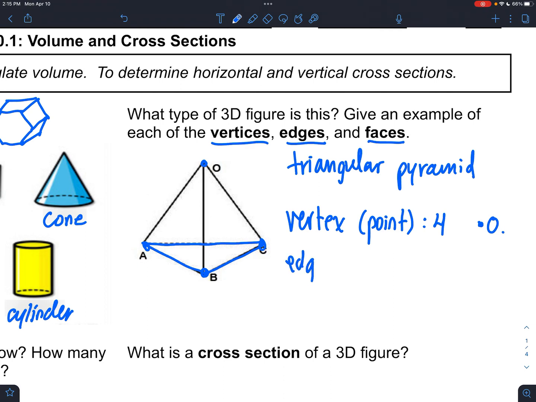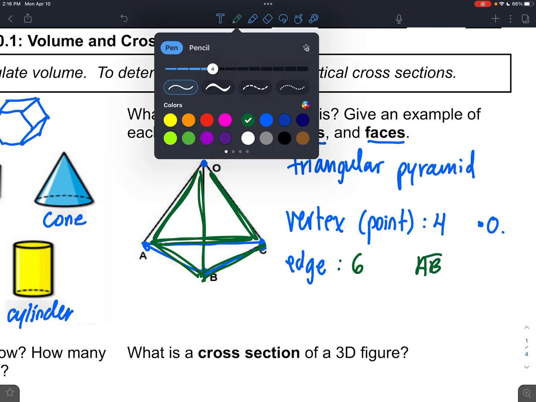An edge is just a side length of the figure. So we would have 1, 2, 3, 4, 5, 6. And an example would be edge AB. Okay.